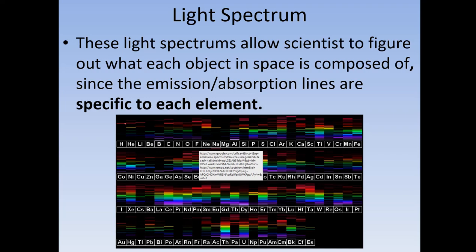And then if we notice that instead of them being here, they're drawn here and here, then that means that it would be moving towards us, because those lines shifted towards the purple side, towards the blue. It got blue shifted, so it's moving towards us. If they shifted the other way, then it's moving away, red shifted.